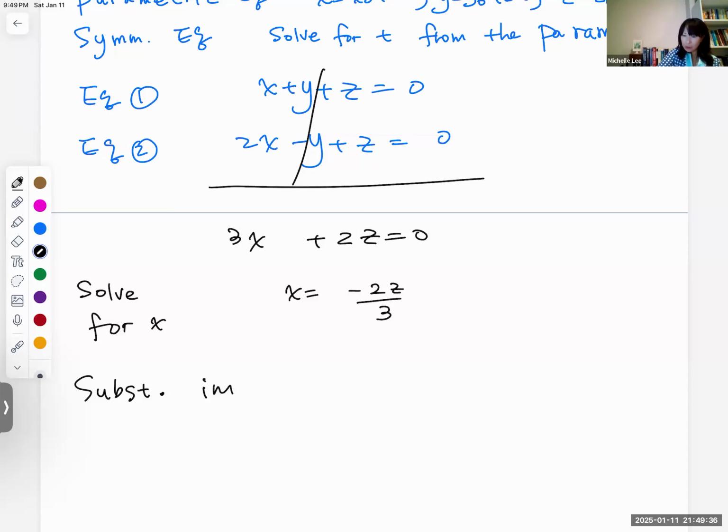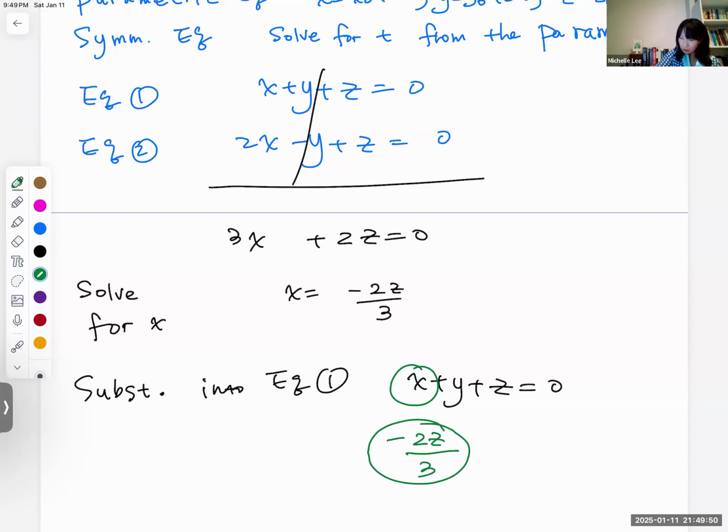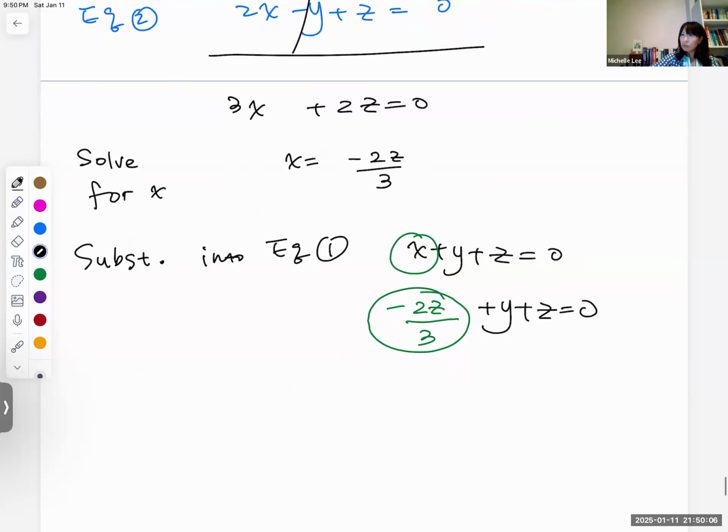So x plus y plus z equal to 0. So x will be negative 2z over 3, plus y plus z equal to 0. We can combine like terms, the z terms, and then we can solve for y, right?